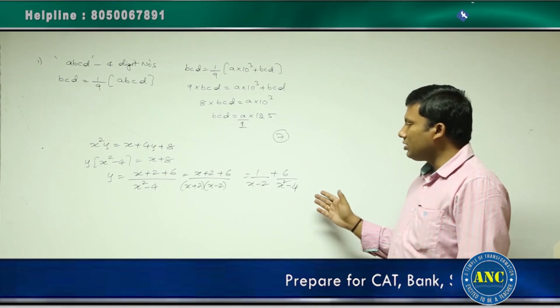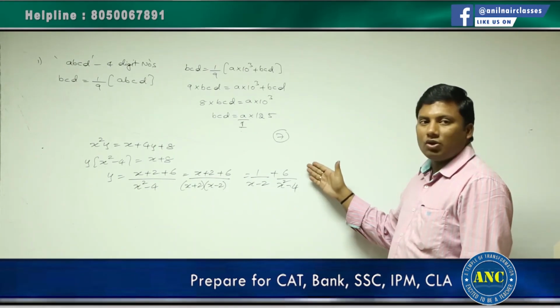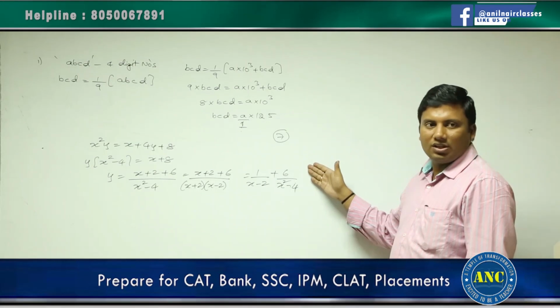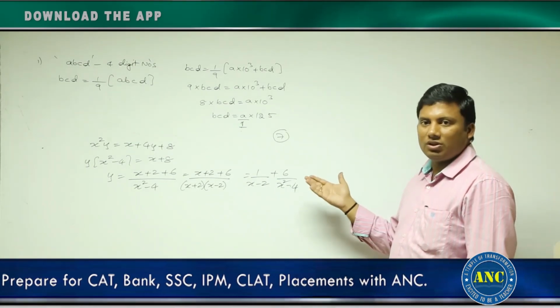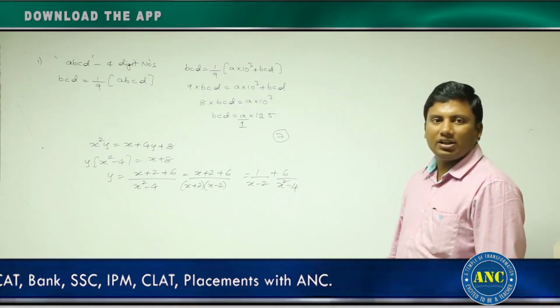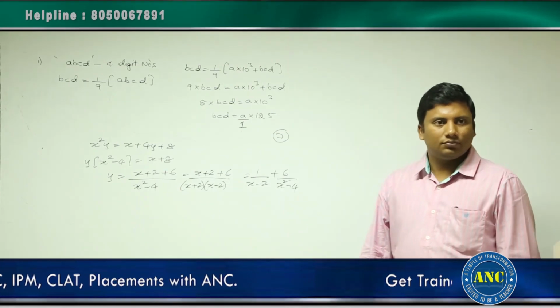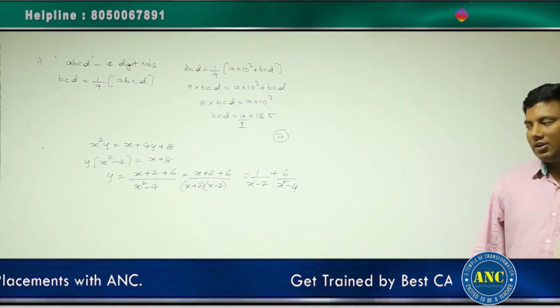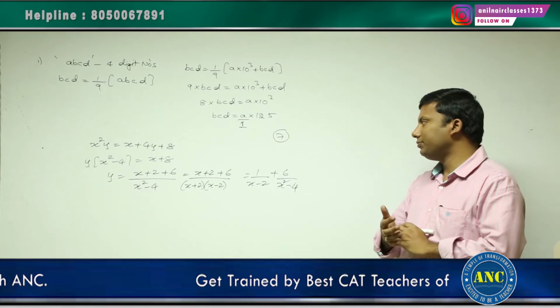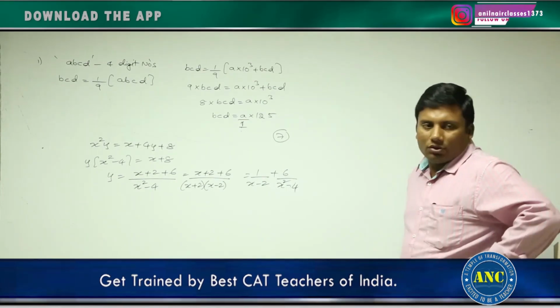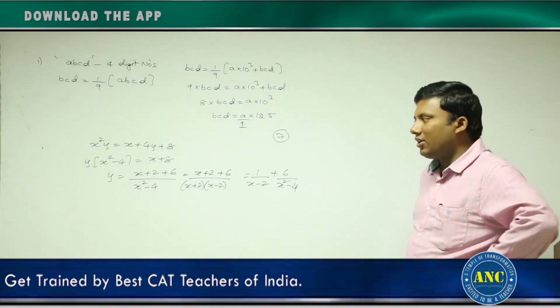Now what to do is x square minus 4 should be a factor of 6. Take x square minus 4 as 1, 2, 3, 6. Check whether you are getting integer or not. x square minus 4 is a factor of 6.